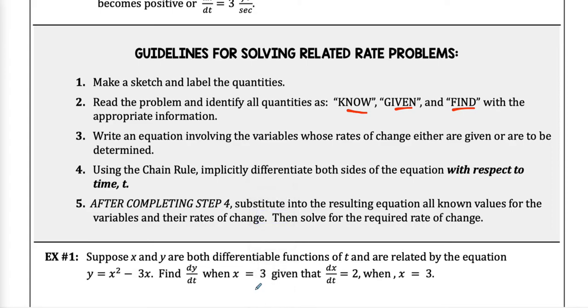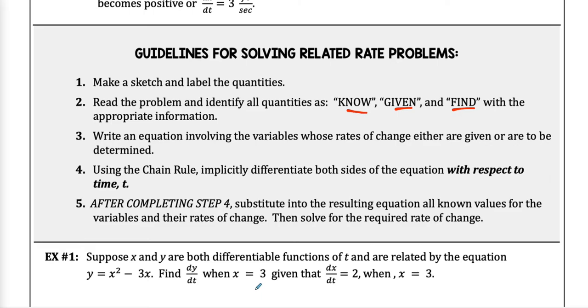Okay, I only put this box up here for one reason, is that in the notes you're going to see that the know, given, and the find is going to be written in every box. And they are a good general guideline. It's not set in stone that you have to fill that information out.